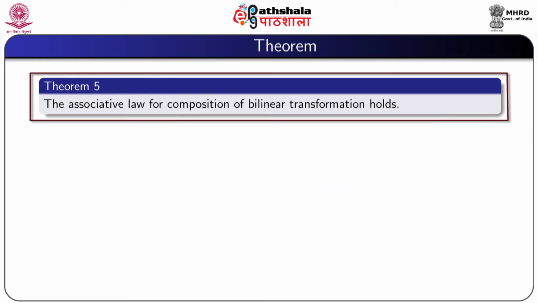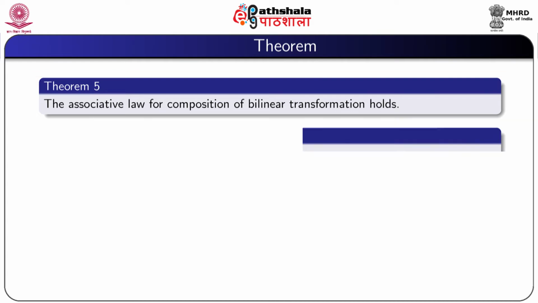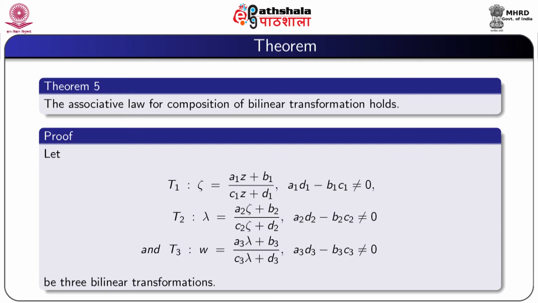Now, we show that the associative law for composition of bilinear transformations holds. So, we consider 3 bilinear transformations: T1 from z plane to zeta plane, T2 from zeta plane to lambda plane, and T3 from lambda plane to w plane.